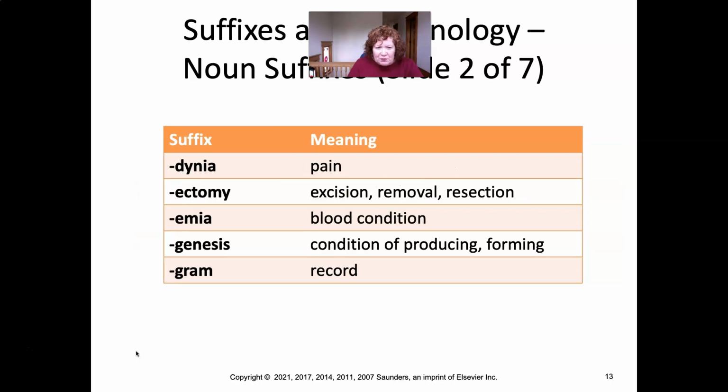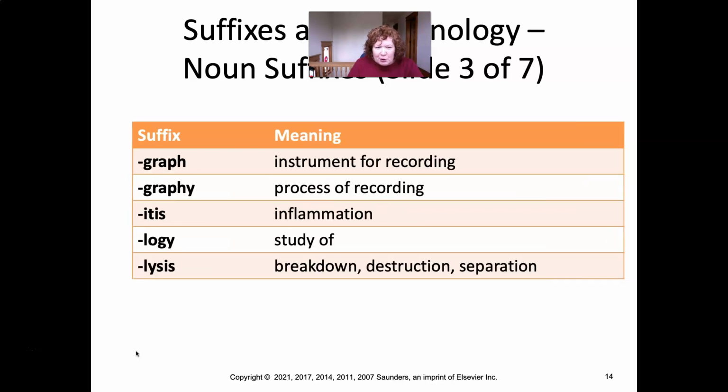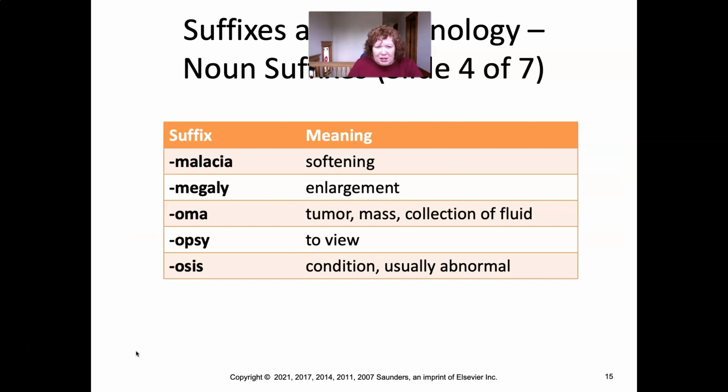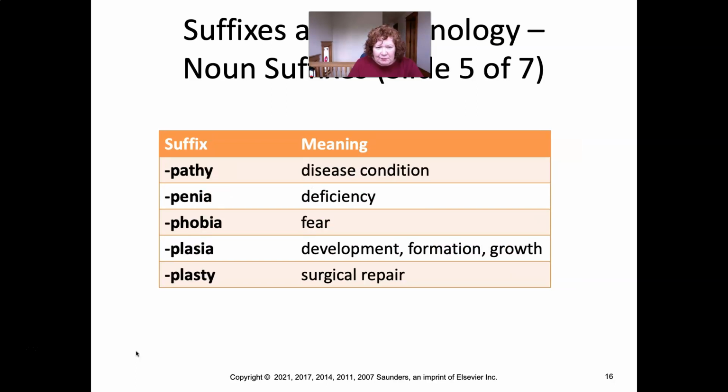Make sure that you know the difference between gram, graph, and graphy. Sometimes that can get a little bit sticky if you're not careful. Itis, logy, lysis, malacia, megaly, oma, opsy, osis, pathy, penia, phobia, plasia, plasty.